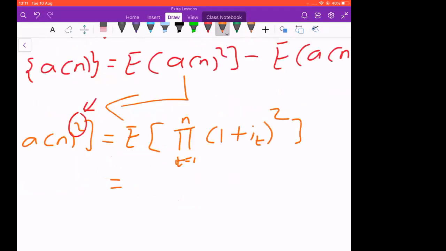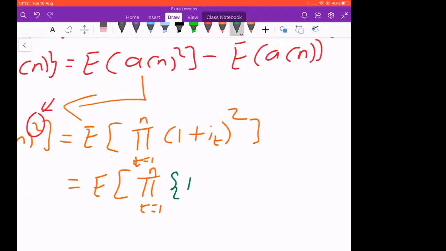So you will have the expectation of the product of t equal to 1. Squaring these things, you will have 1 plus 2 i_t plus i_t squared.